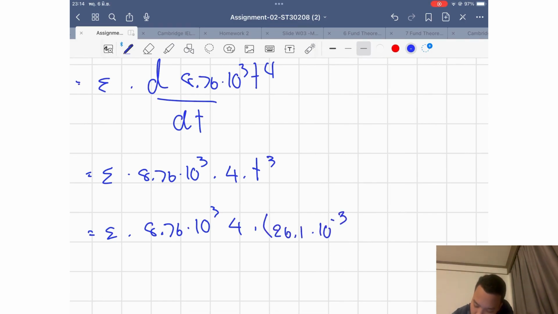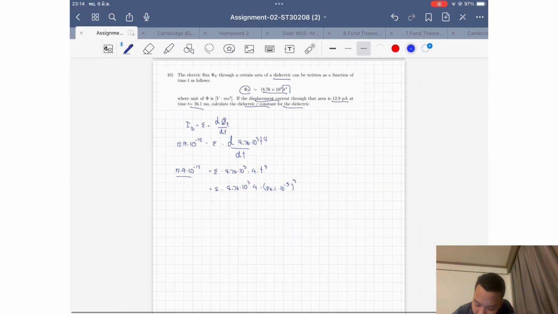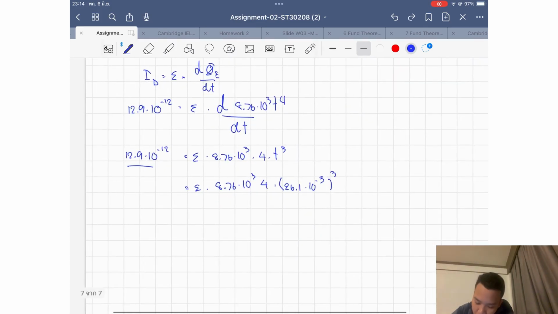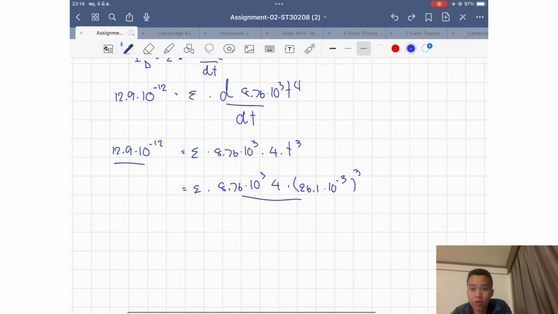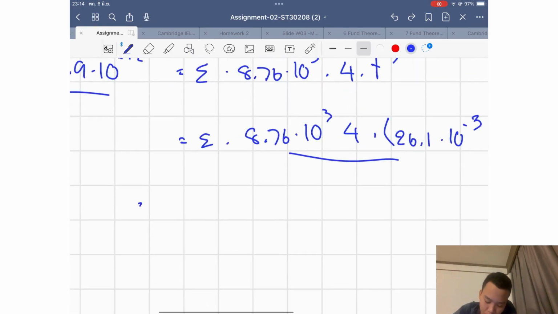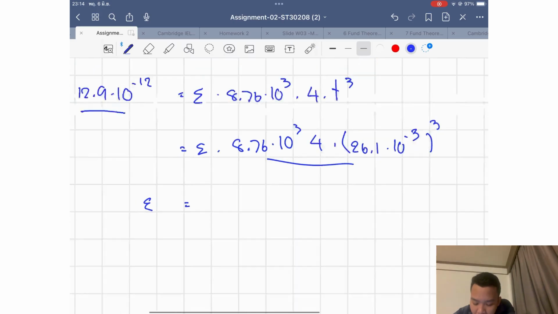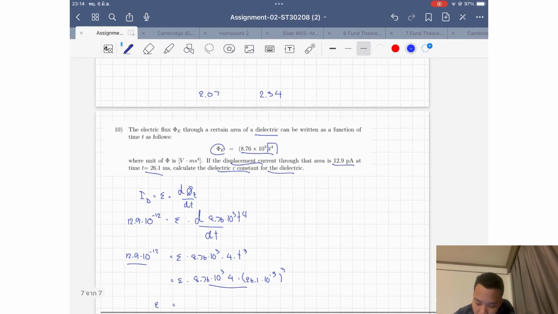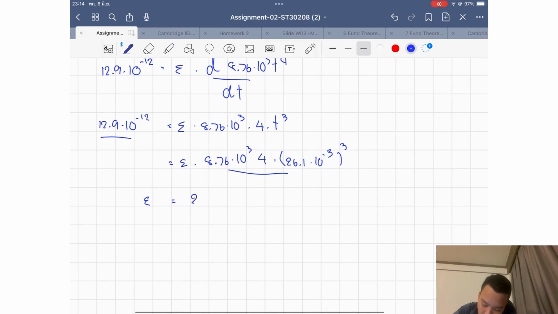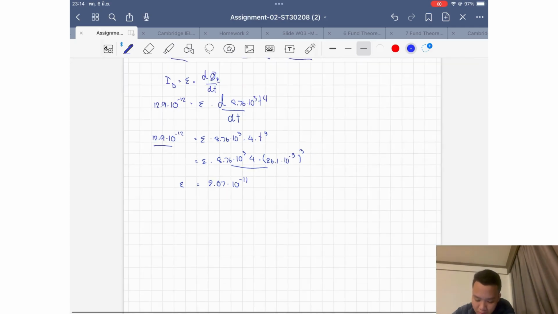So we have all the numerical values, and we can find this epsilon, and we find that this epsilon is equal to 2.07 times 10 to the power of minus 11.